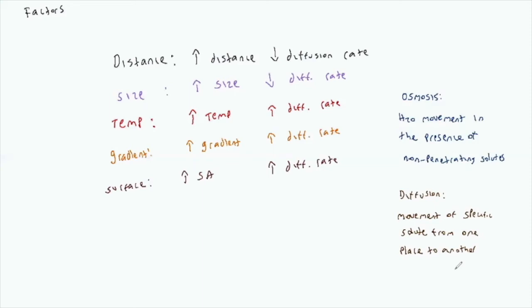If you are going to measure the rate of glucose transport, you're only concerned with the amount of glucose on each side of the cell. So it is solute specific with diffusion, where with osmosis, the solutes do not matter, just the difference of non-penetrating solutes on each side.